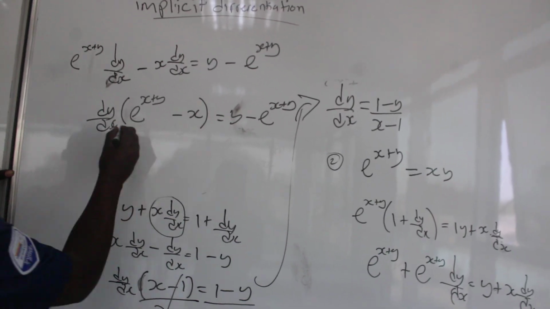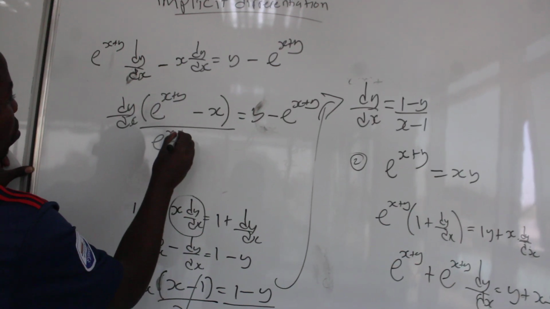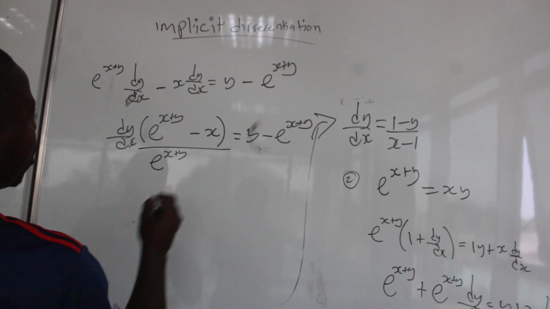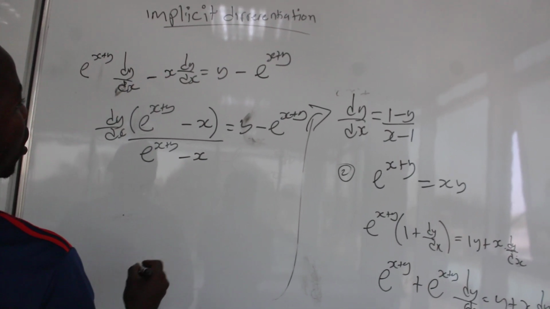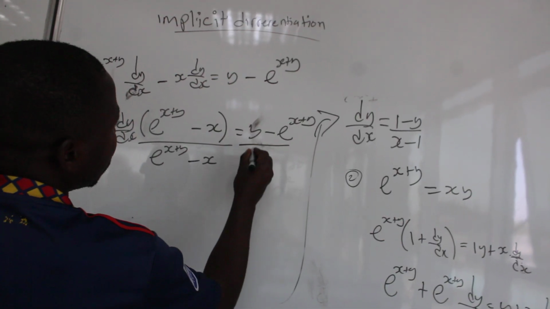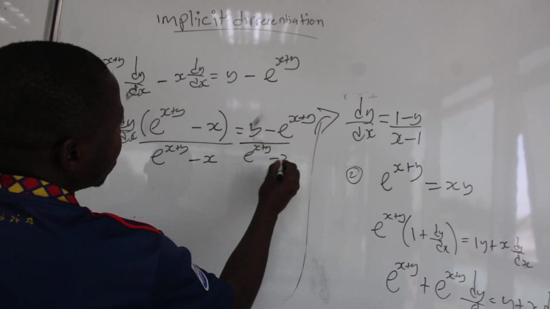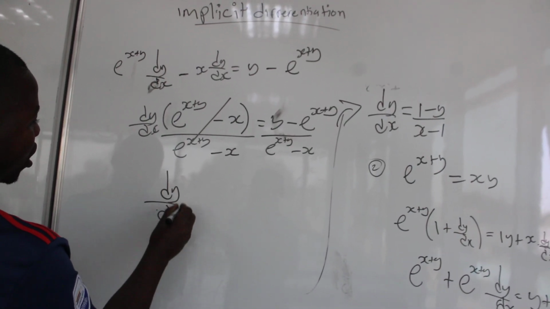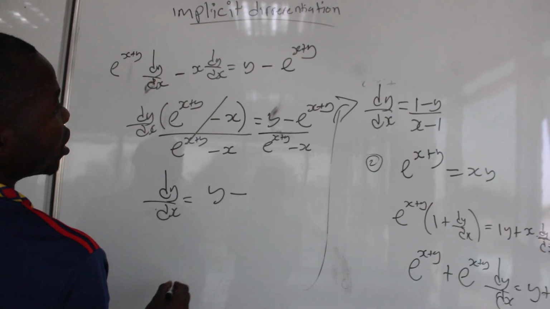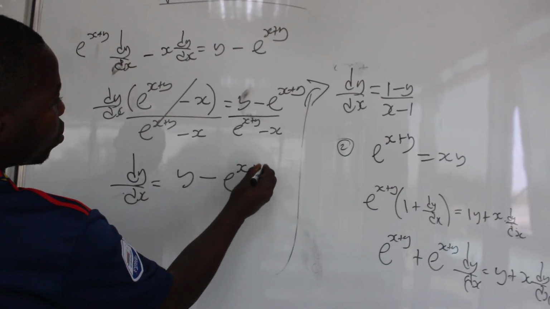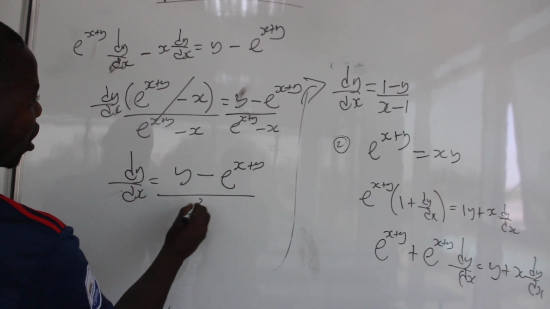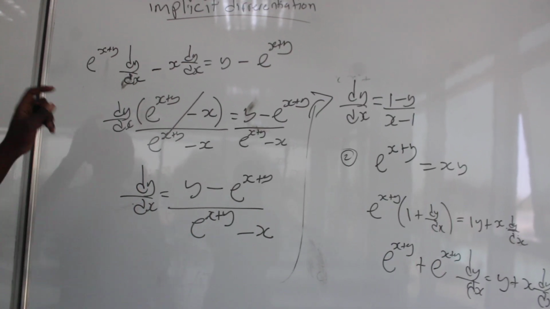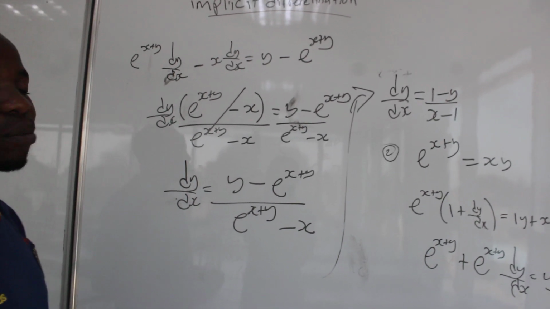We divide both sides by e^(x+y) minus x. This will cancel. You are going to have dy/dx, final answer, equals y minus e^(x+y) over e^(x+y) minus x. So this is the dy/dx of my function. Thank you very much.